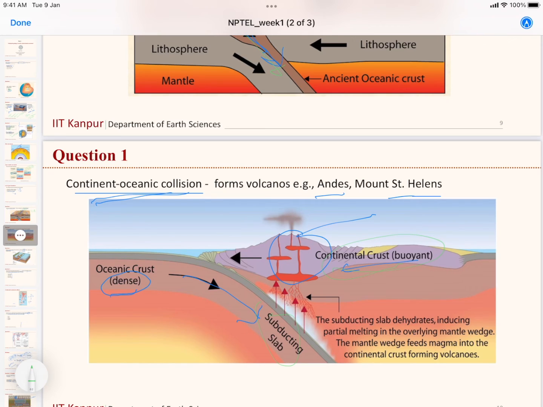And due to this kind of collision, what we receive as the landform is the volcanic chain or volcanic mountain chain. The famous examples are the Andes mountain range or the Mount St. Helens range. Since this oceanic crust has water in it, that water vaporizes and with the magma it comes out as volcanic eruption on the surface.